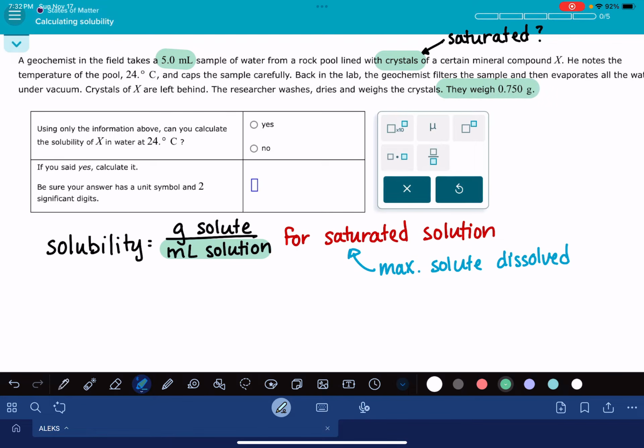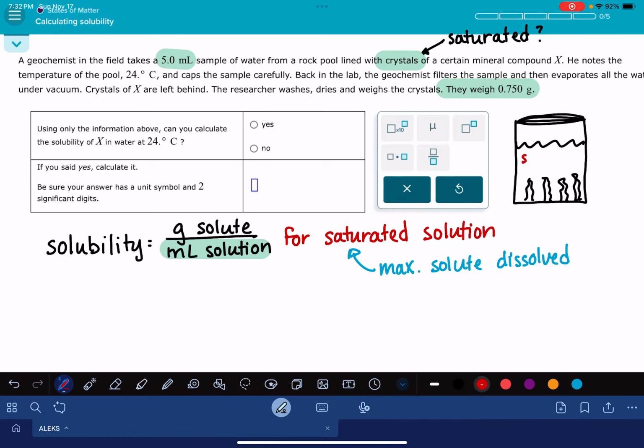0.75 grams. Okay, so what we had in this scenario was this pool, so I'm just going to draw it as a beaker, of solution, and there were crystals growing inside of this solution, and the presence of the crystals growing inside of the solution tells us that the solution itself is definitely saturated.